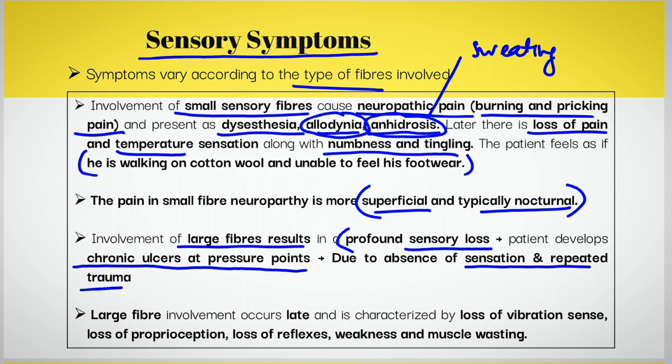However, this involvement of large fibers is usually late and the person is characterized by loss of vibration sense, loss of proprioception, loss of reflexes. Weakness and muscle wasting can also be seen in patients who present late.